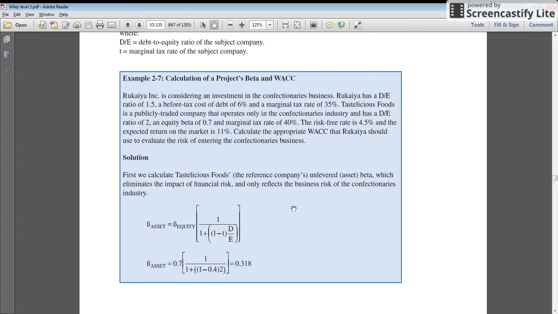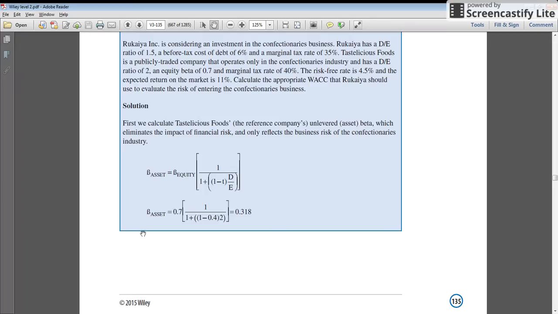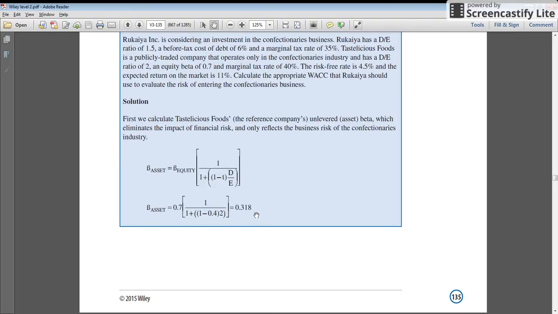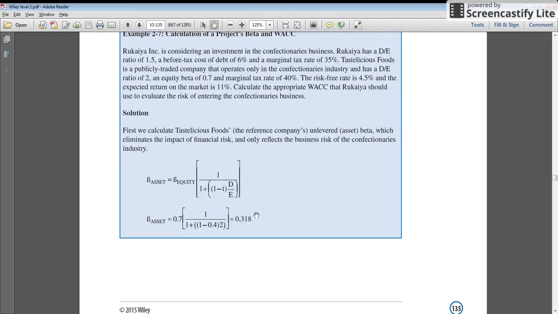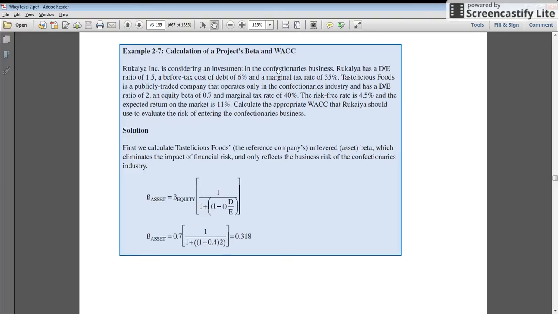So going straight to the question, we start with the levered beta of the comparable firm, which is Tastelicious in this case, and we use their own capital structure, which is the debt to equity, and their own tax rate, which were given here, and we come up with the estimate of the unlevered beta of 0.318, right? So 0.318 is basically the beta, which is the risk associated with the confectionaries business.